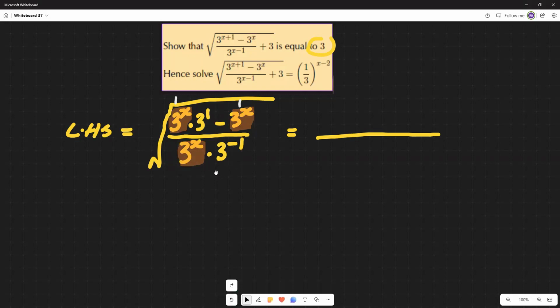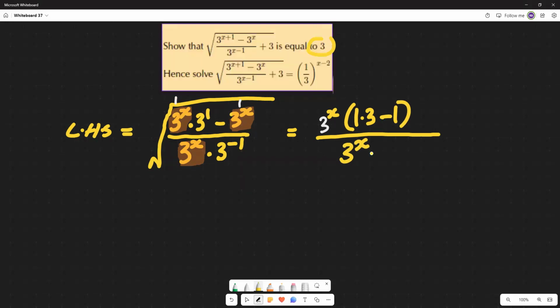If it's one term, we cannot factorize it, remember. You can only factorize if you have more than one term. So here I'm taking the 3 to the power x out. Remember I said where it was, you put 1. So there you have 1 times 3 to the power 1 minus 1. Wherever the 3 to the power x was, you put 1. At the bottom, because it's one term, we're just going to write it that way. And then you have this.